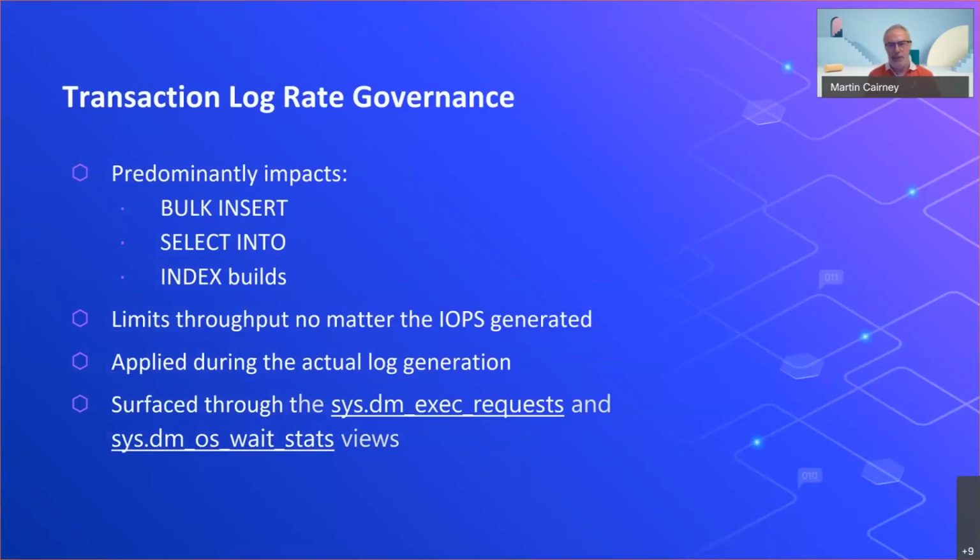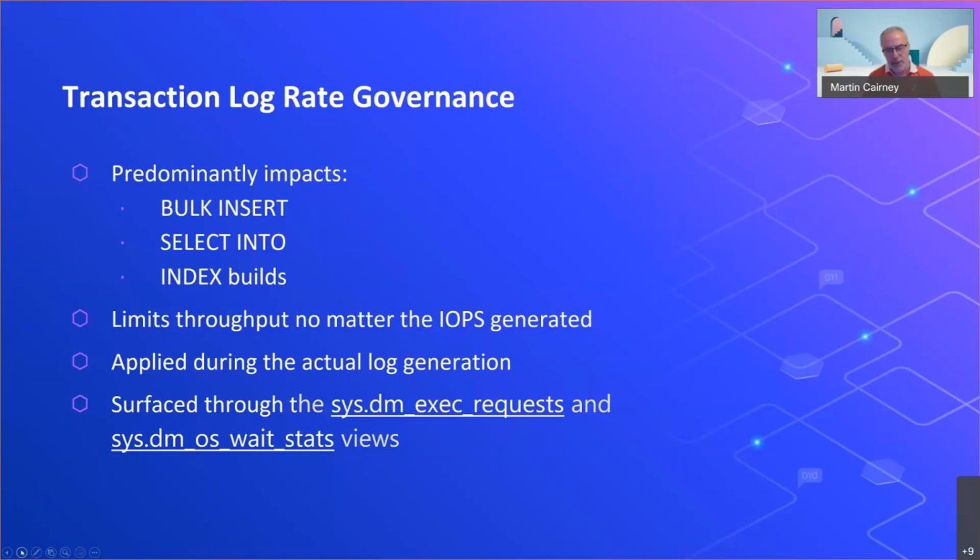It will actually slow things down as it's going through into the transaction log to maintain it within the limits you have available. So large I/O type queries are the ones that are going to have the biggest impact. Things like bulk insert and index builds, when they generate an awful lot of transaction log activity, are certainly going to be limited.